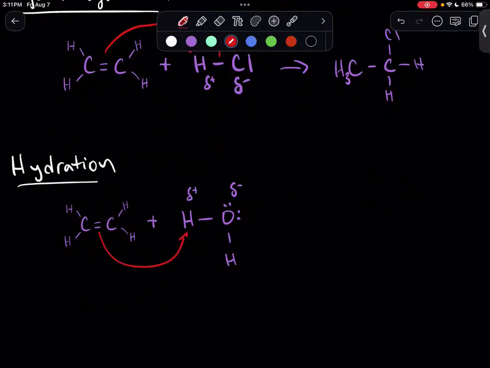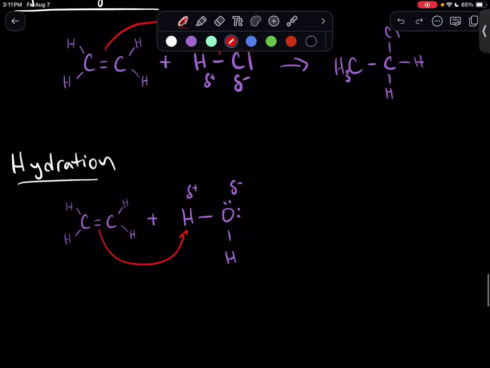The electron-rich region of the double bond goes towards the hydrogen. The electrons in that bond will move towards the oxygen, creating an alcohol. So we end with our H3C, CH2OH. And so in this case, we end with ethanol.